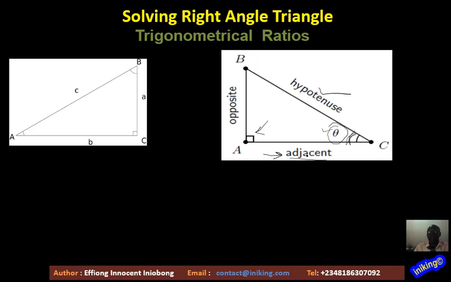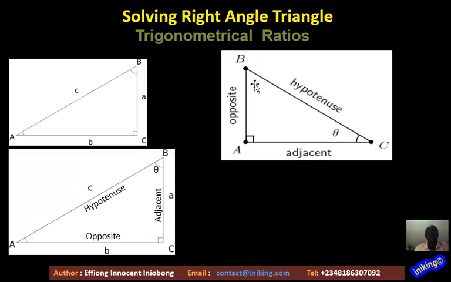What if the angle were to be up there? Will the naming still be the same? Let's see. Here again we have another triangle labeled ABC. This time our angle is up there. Hypotenuse still remains the side facing the right angle.